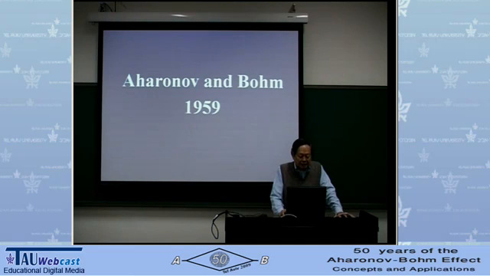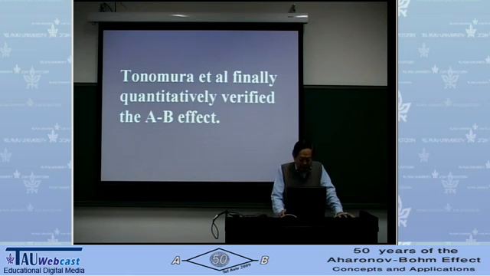Then came 1959, the great paper of Aharonov and Bohm, the paper that we are gathered here today to celebrate. Their proposed experiment was finally done by Tonomura et al. quantitatively.